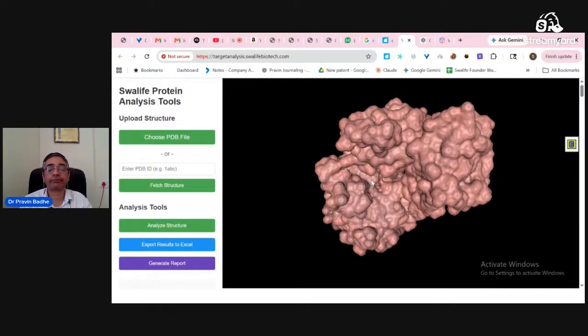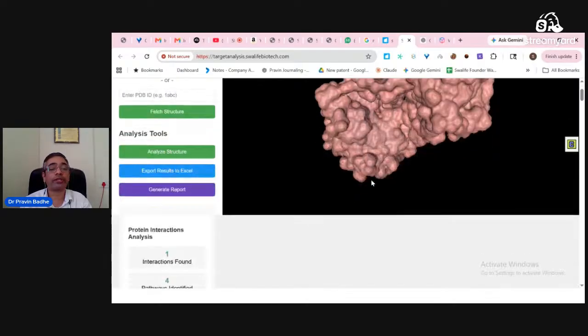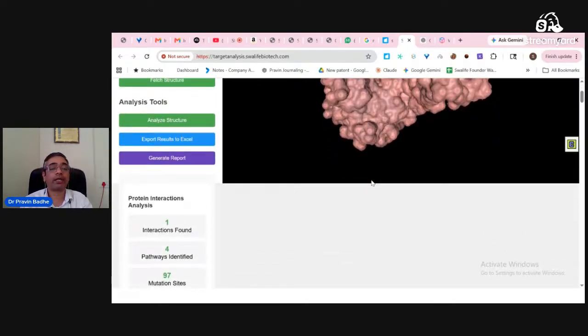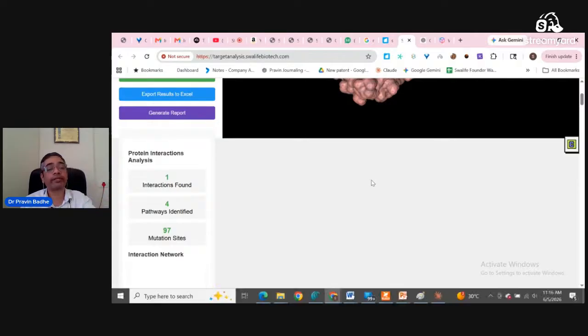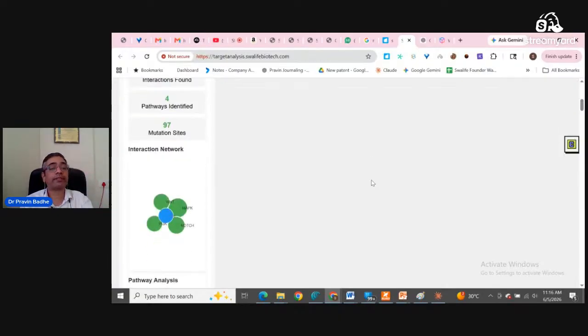And once you look at what information it has given, you can see it is giving us the protein interaction analysis, showing the interactions found, the pathways identified, and the mutation sites. So 97 mutation sites are there on this protein. You can see the interaction network of the protein and the pathway analysis.